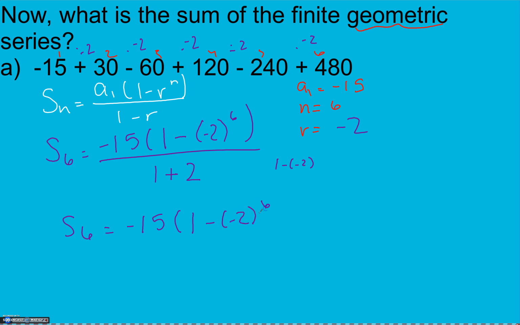Negative 2 to the 6th power we could do if we wanted to, but I would definitely simplify here. This one we could do fairly easily without a calculator, but we are going to get, when we type this in, 315.